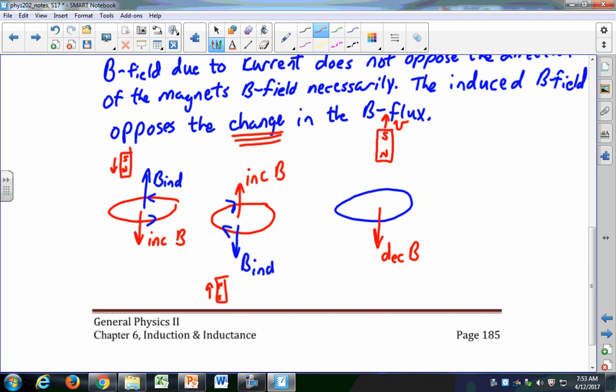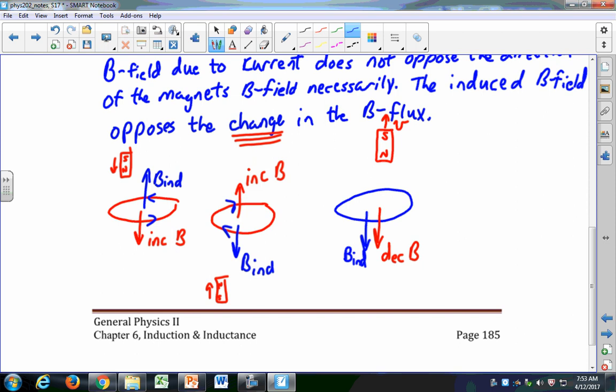And you can think of it as the coil saying, oh no, I don't want anything to change, although the coil doesn't really say anything, but I don't want anything to change, so now I'm going to generate a new magnetic field that will try to keep the status quo. So because this magnetic field is decreasing, I'm going to have an induced magnetic field that's in the same direction as the decreasing magnetic field.